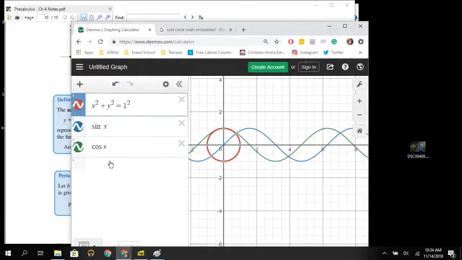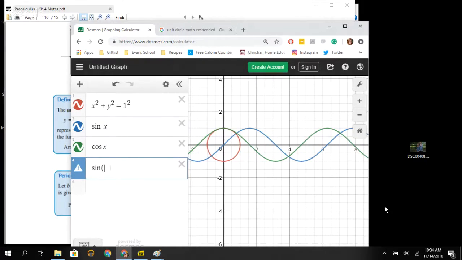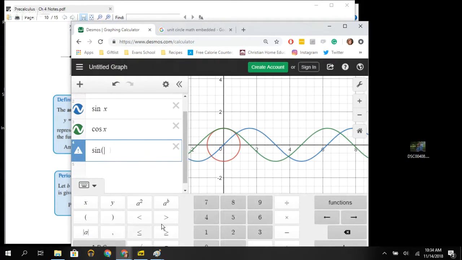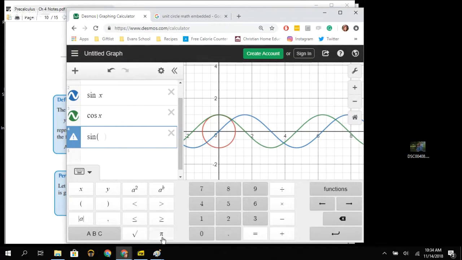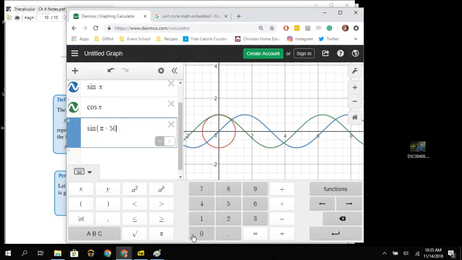So basically what I'm saying is that if you take the sine of any number, right? And we're in radians, so pi times, I don't know, 500. Let's make it a really big number. 5,002. Oh, it's 0.